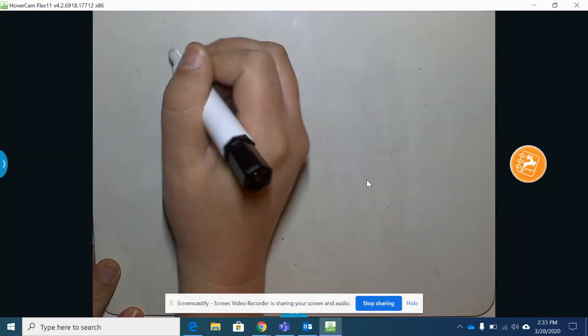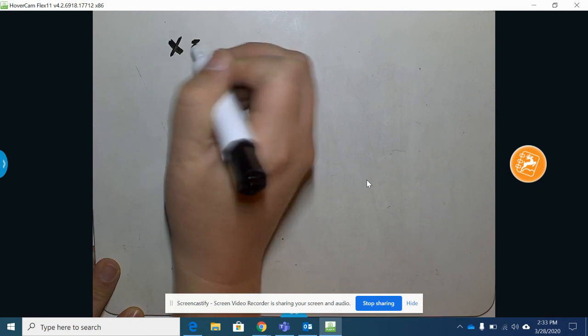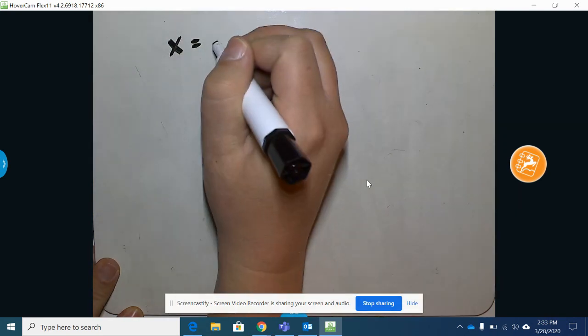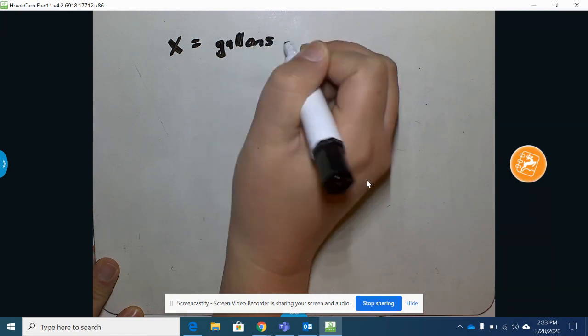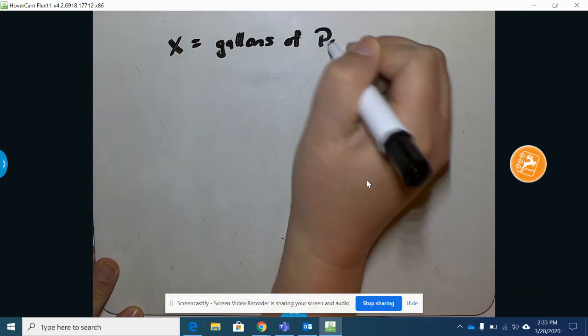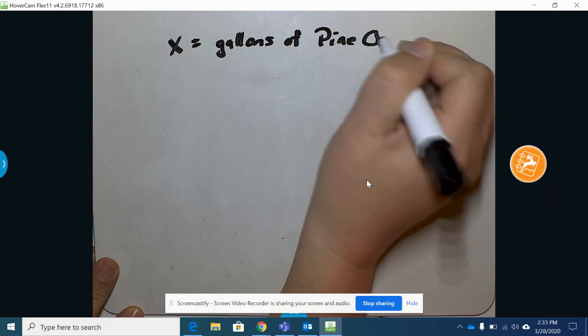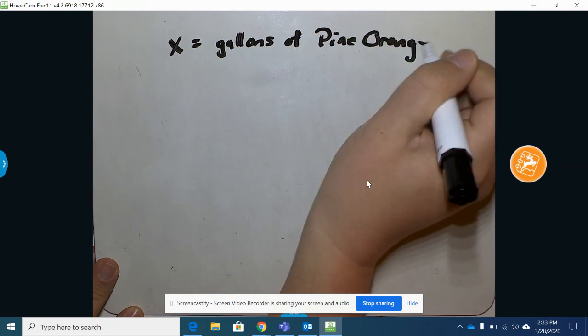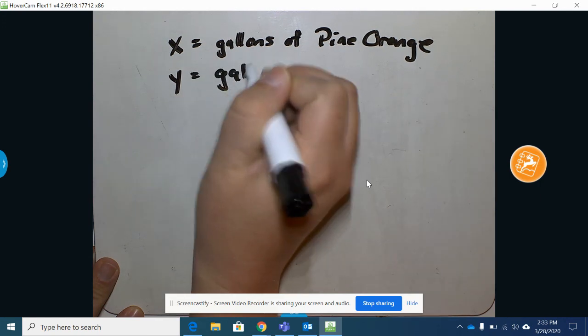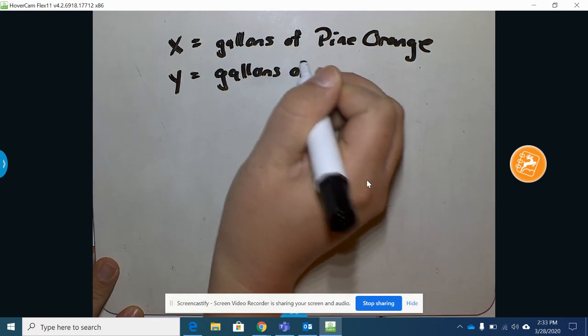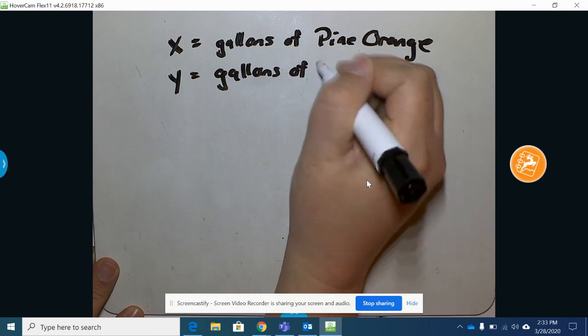All right. So the very first thing we need to do is define our variables. So what is X going to represent? X is going to represent the gallons of pine orange. Y is going to represent the gallons of pine kiwi.